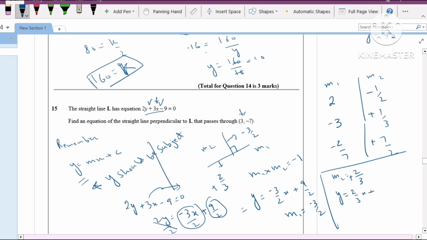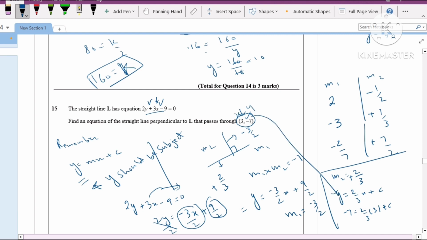We have to find the c. To find the value of c, this point is given, where x is 3 and y is minus 7. So we will replace these values: x is 3, y is minus 7.